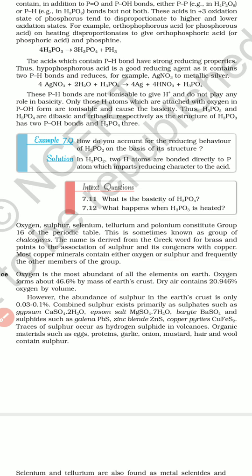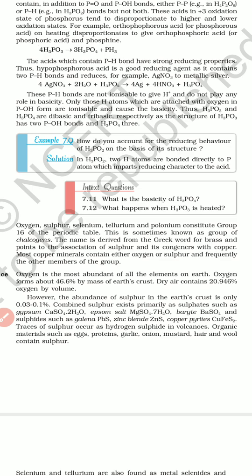Thus, H3PO3 and H3PO4 are called dibasic and tribasic acids respectively. The structure of H3PO3 has 2 P-OH bonds and H3PO4 has 3 P-OH bonds.